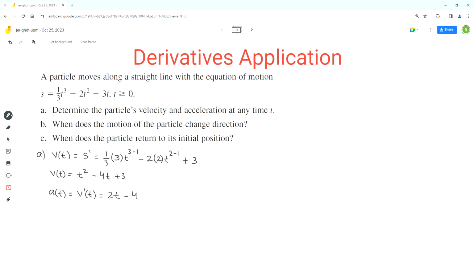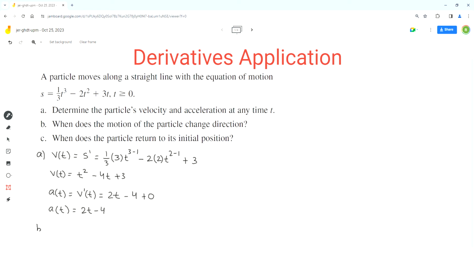And the derivative of 3 is 0 because 3 is a constant. So the acceleration function is a equals 2t minus 4. So this should be the final answer for part A.